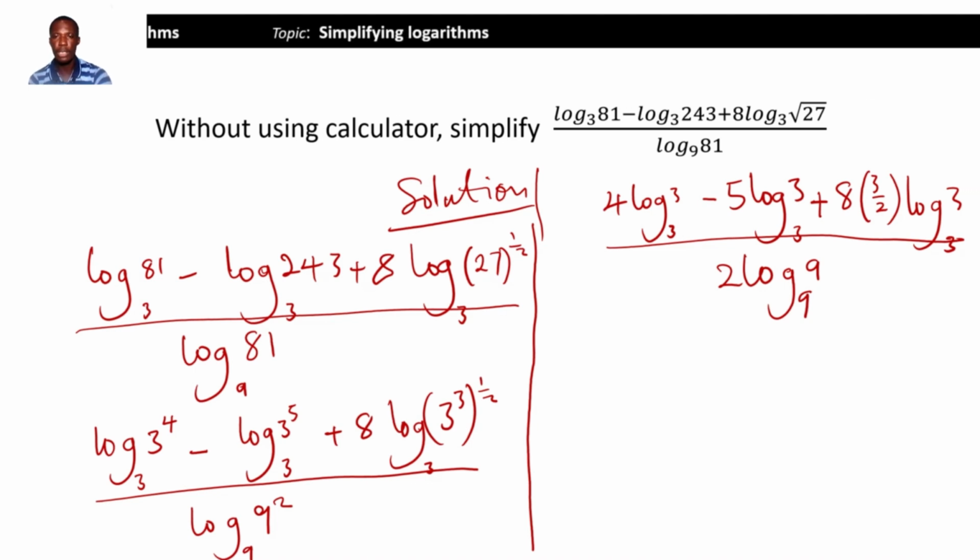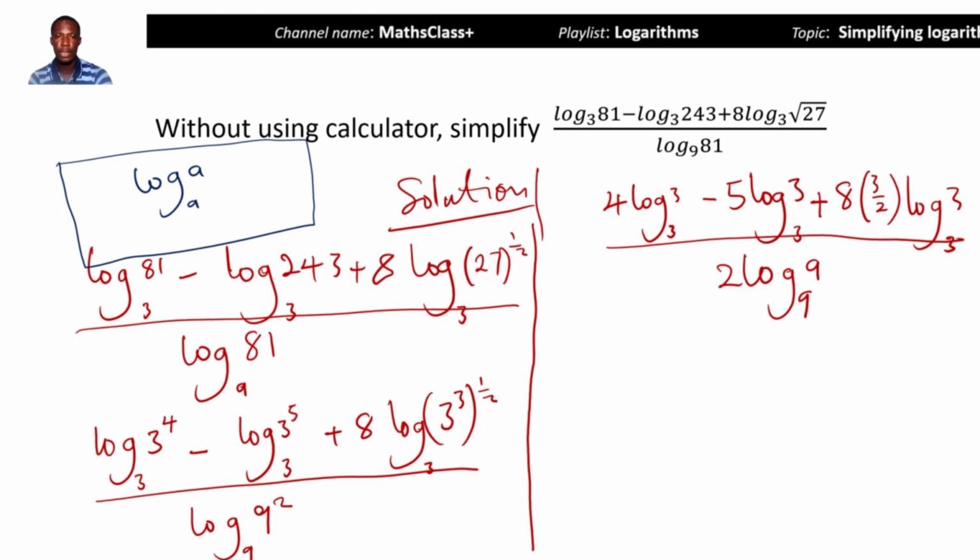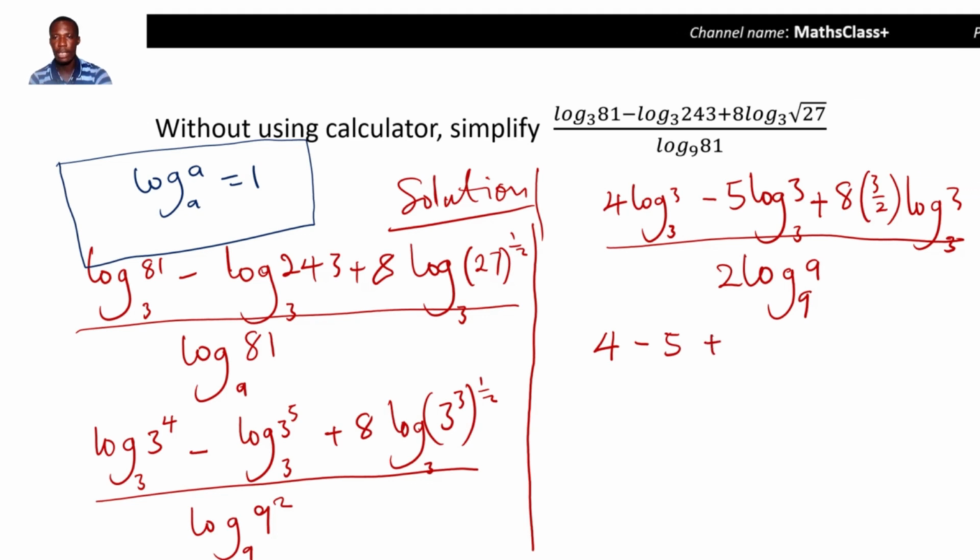Okay, so let's go back to one property which we looked at, that if you have log a to the base a, then it's equal to 1. So we are going to apply that here. So the first one, we have 4 minus 5 plus, so 8 times 3 over 2 will become 12, and that is it for the numerator, and the denominator will also become 2.